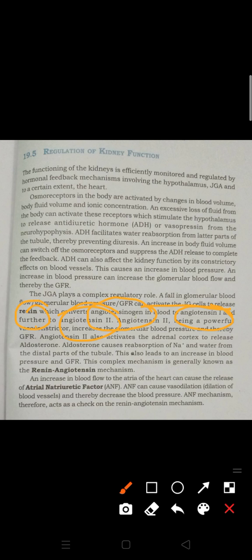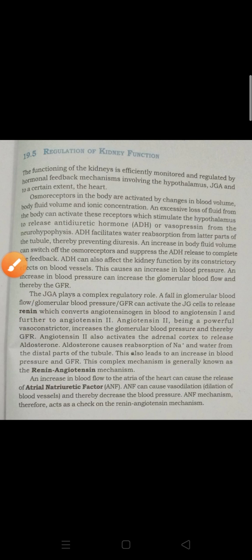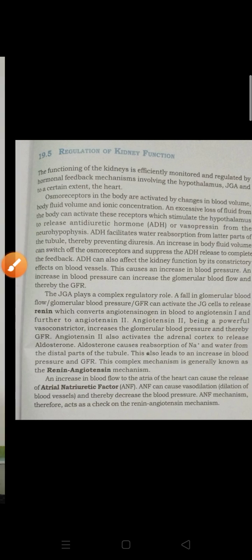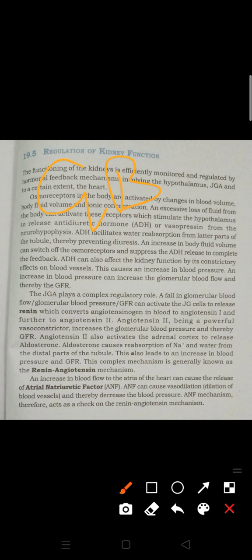This angiotensin second is a powerful vasoconstrictor, and it increases the glomerular blood pressure, and thereby if glomerular blood pressure increases, definitely it increases the glomerular filtration rate also.